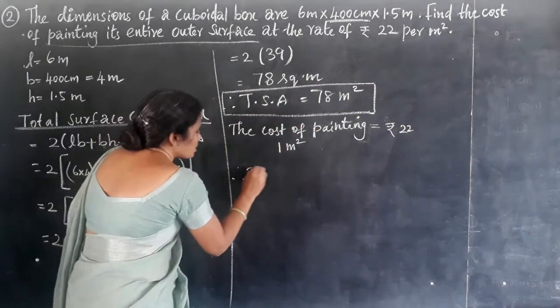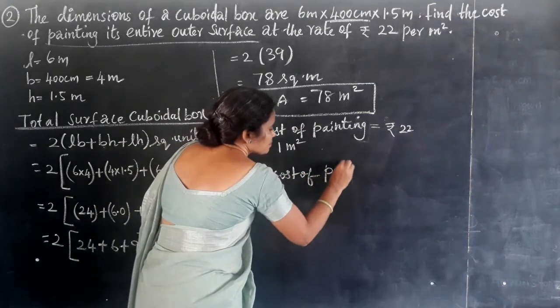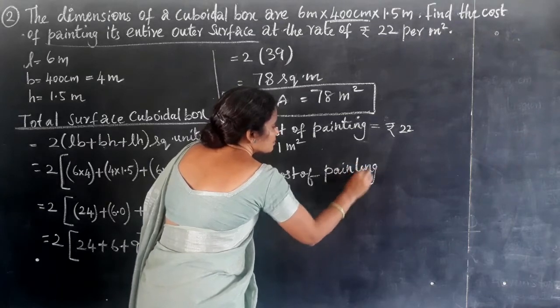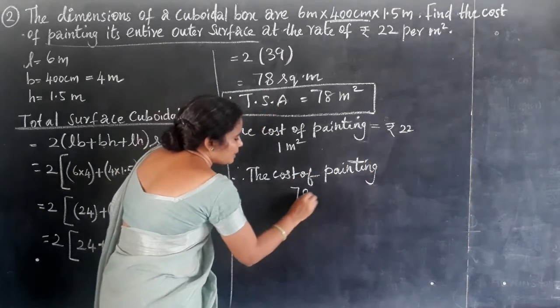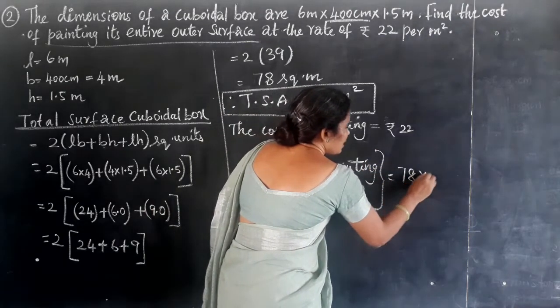So therefore the cost of painting 78 meter square is equal to 78 into 22.